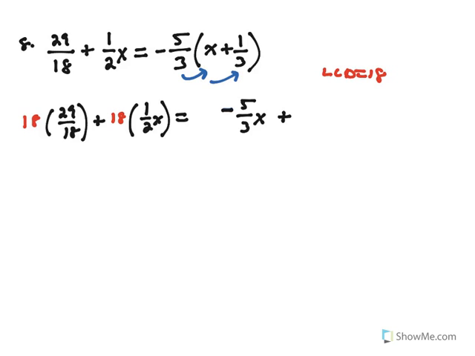So I should have written that first. And then 5 times 1 is 5. 3 times 3 is 9. And then now, once you clear the parentheses, then you can multiply the 18 by that.